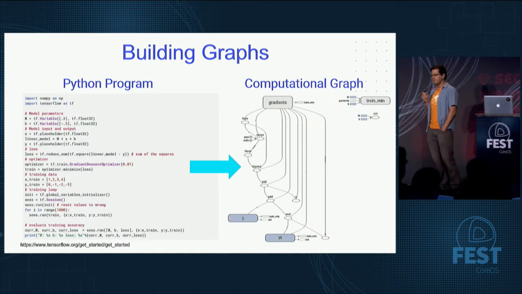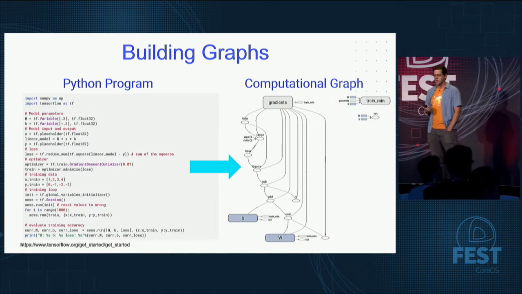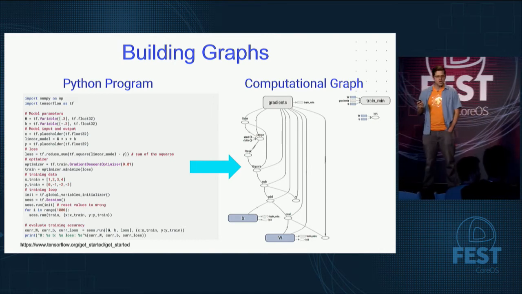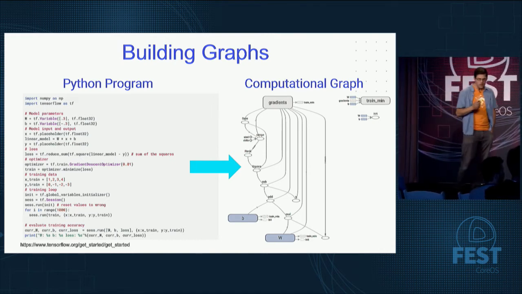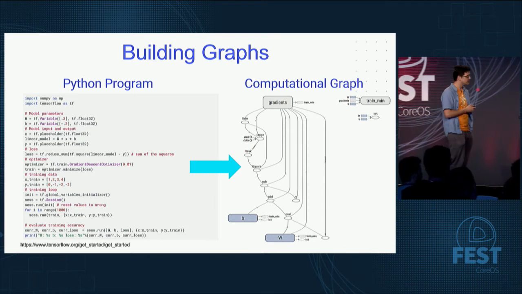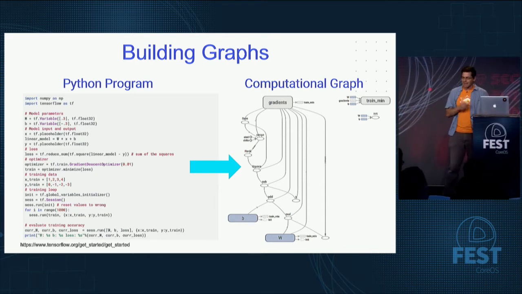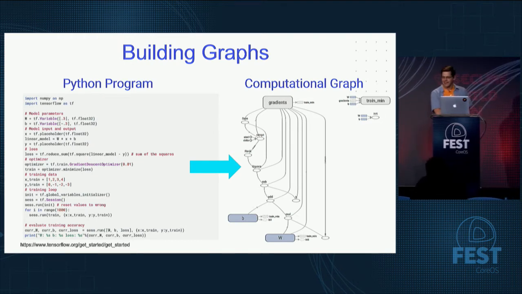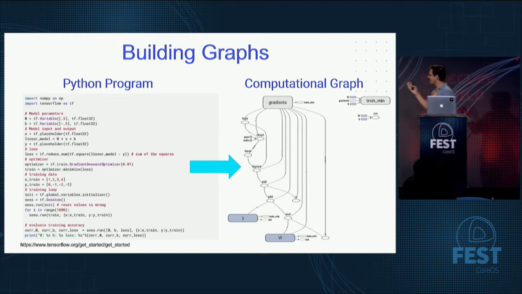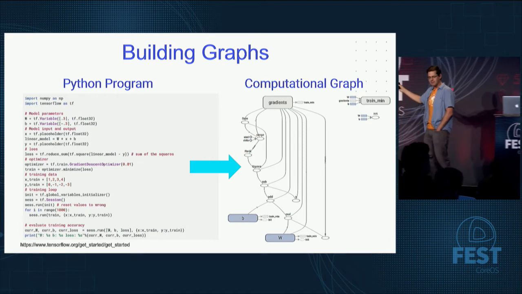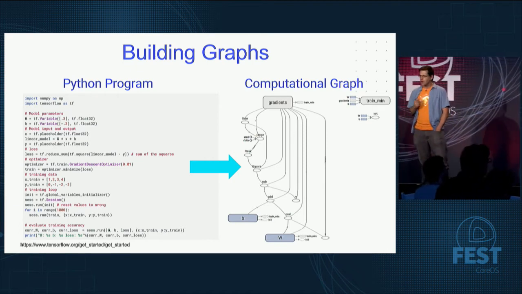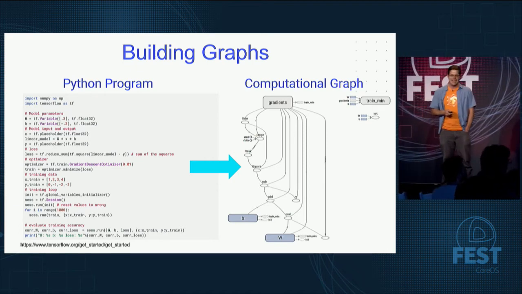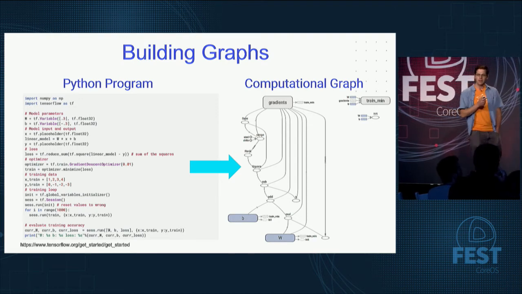So what does TensorFlow do for you? Well, it builds computational graphs. You write Python code, and the Python code builds the graph. There are three major reasons to operate on graphs like this, aside from the fancy pictures that you can make from it. The first and kind of the most important reason is so that you can optimize the models.